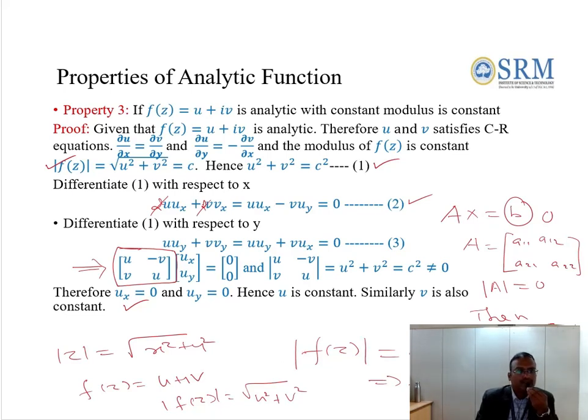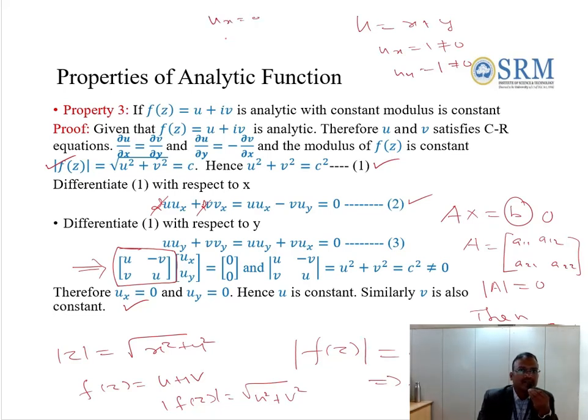But u is a function of x and y, and if the partial derivatives with respect to both variables are 0, it must be constant. For example, if u equal to x plus y, what will happen? ux equal to 1, which is not 0, and uy equal to 1, which is not 0.